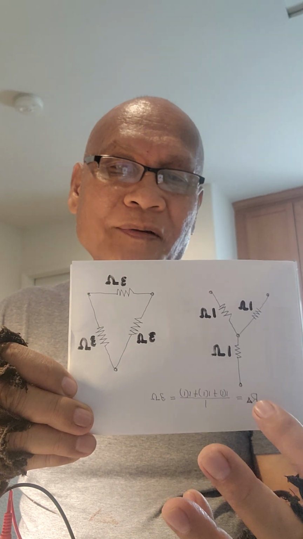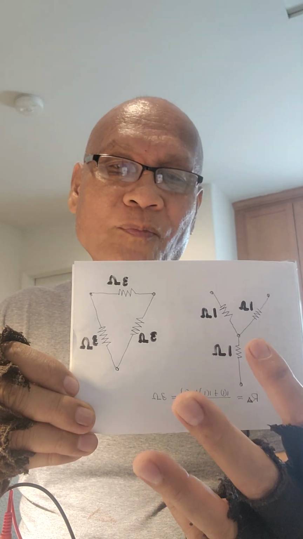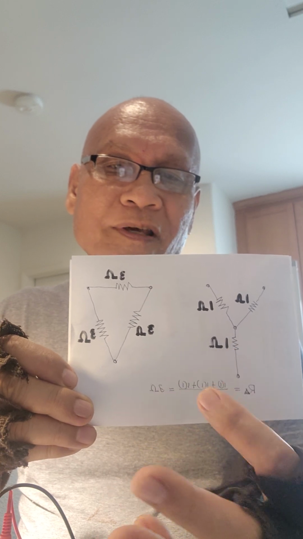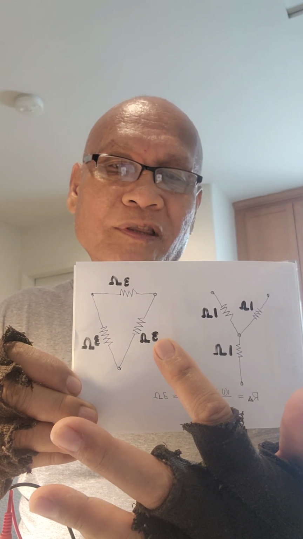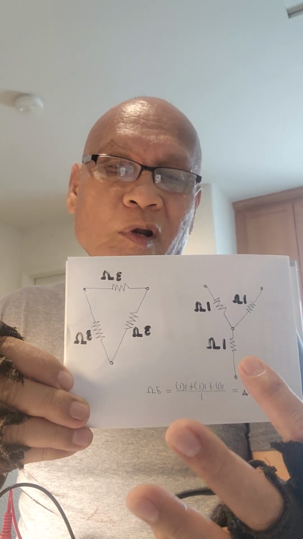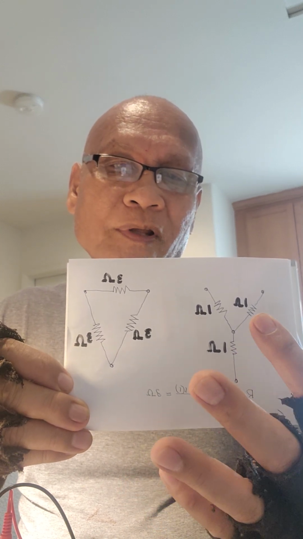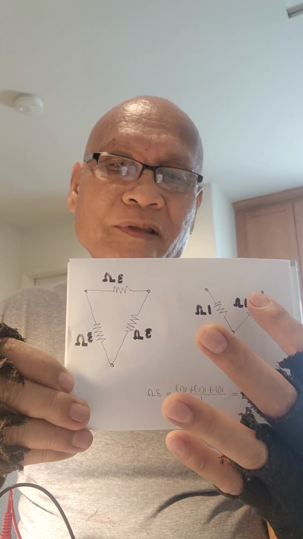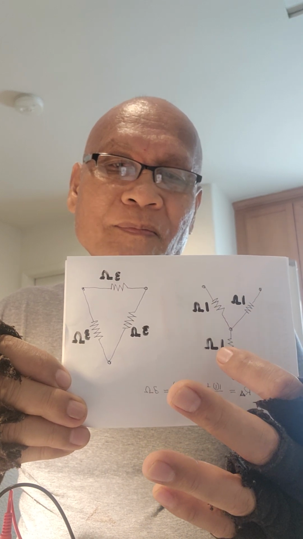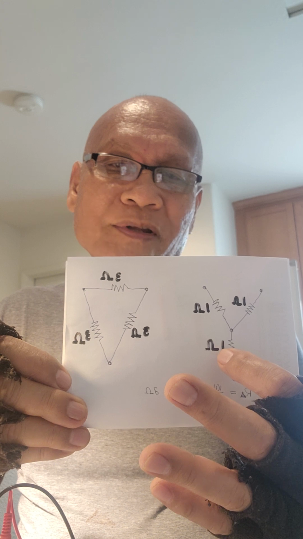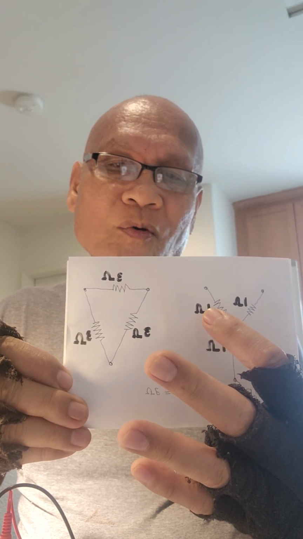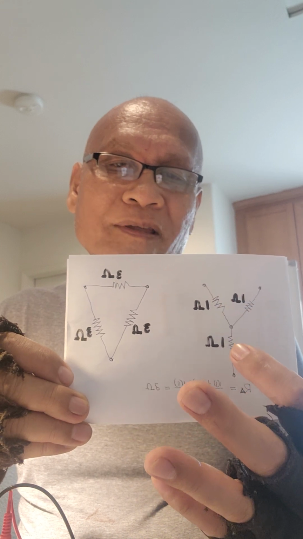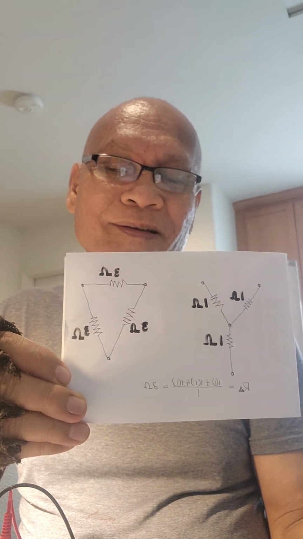This is the formula. That is the conversion from Y to delta. If we want to get this value here, it will be the summation of the individual product of two resistances at a time. So it will be 1 times 1 plus the product of 1 times 1 plus the product of 1 times 1, all over the opposite of that 1 in Y, which is also 1.